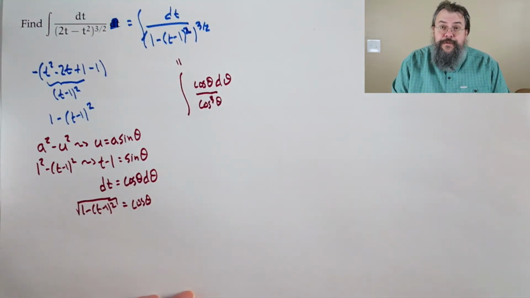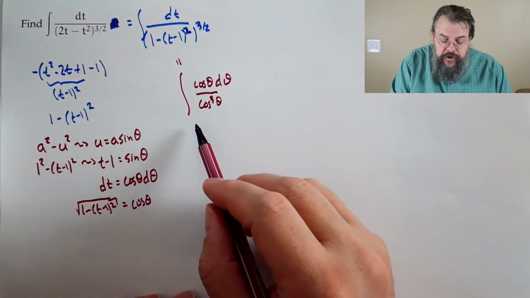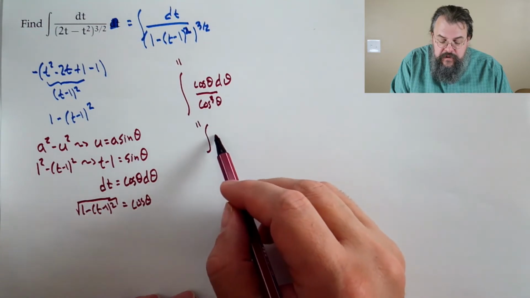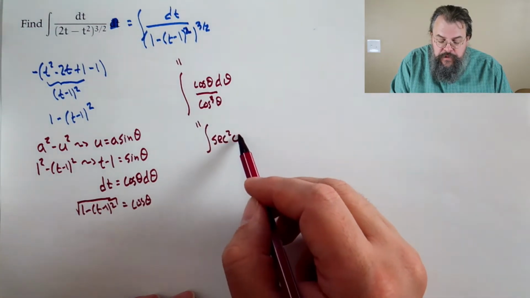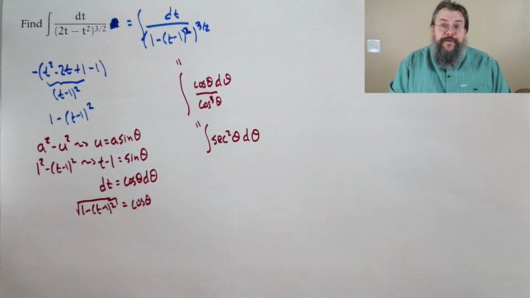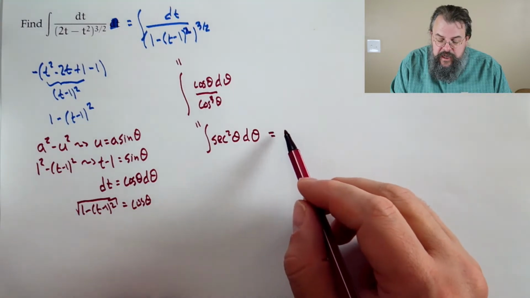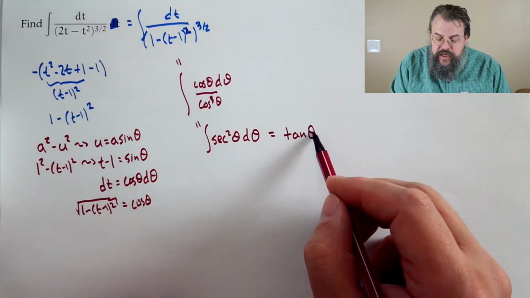Cosine over cosine cubed, you almost couldn't ask for a better thing. You can cancel off a single cosine, and then you have a 1 over cosine squared, that's secant squared. It's almost like it was meant to happen, because that's on our list of things we know how to integrate. So the integral of secant squared is tangent. So now we have tangent theta.